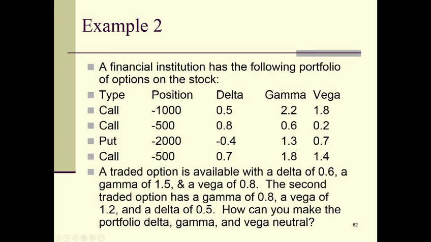Okay, 2 more options in the market that you're going to need to use in order to hedge your gamma and vega. Now notice that we only show you 3 more Greeks here because you want to hedge gamma and vega, right? So therefore you need to know what is the gamma and vega for the options that you're going to use. However, we give you delta as well because once you take on another position, you will take on the delta as well. Okay?